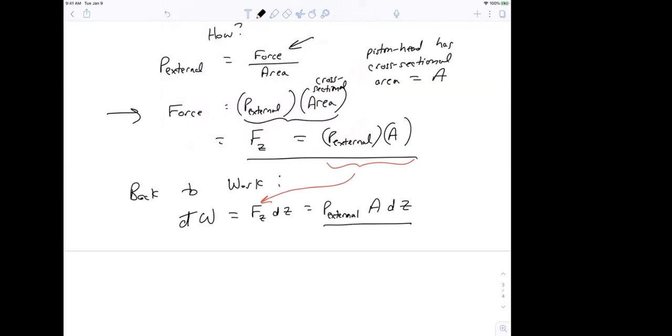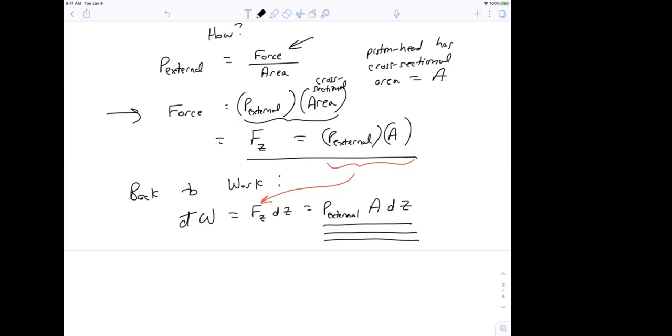And that's dW. So that's pretty cool, because now what we've done is we've obtained an expression for this infinitesimal or differential change in work as this piston moves in terms of a parameter or this control knob that's in our system setup, and that control knob is this external pressure.